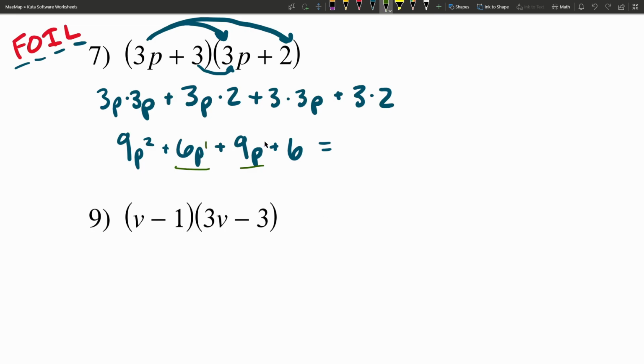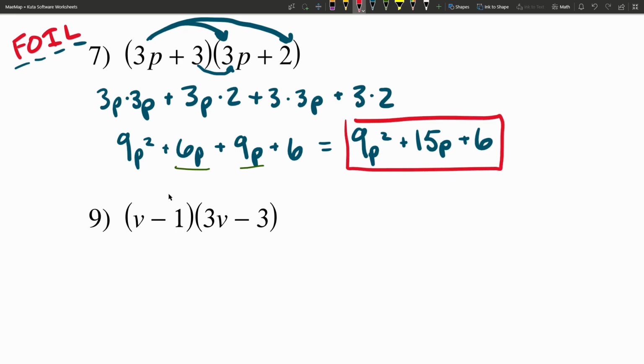Both are p's to the first power. So we're going to combine those through addition, and we're going to get 6p plus 9p, which is 15p. So we're going to have 9p squared plus 15p plus 6 as our solution for number 7.